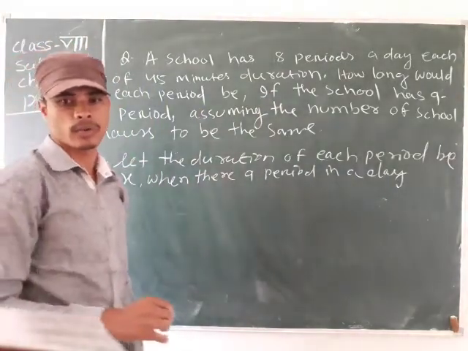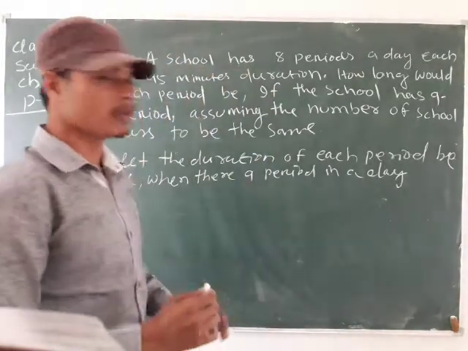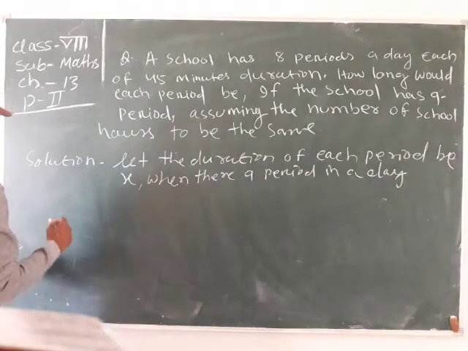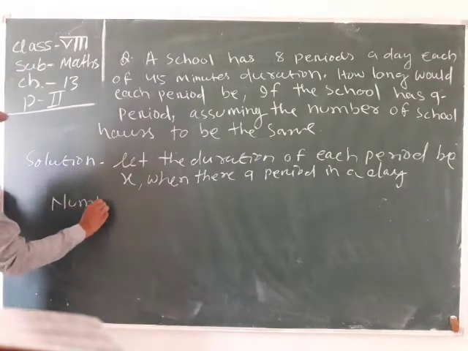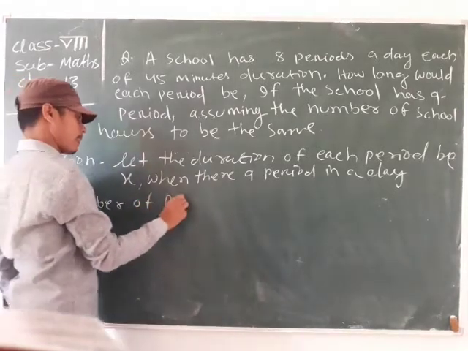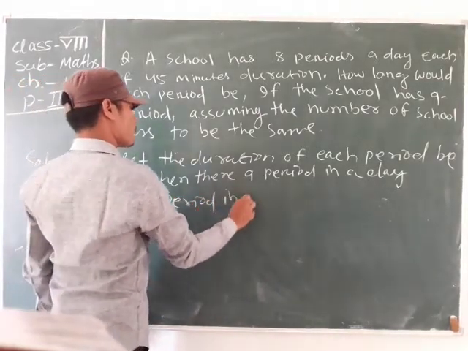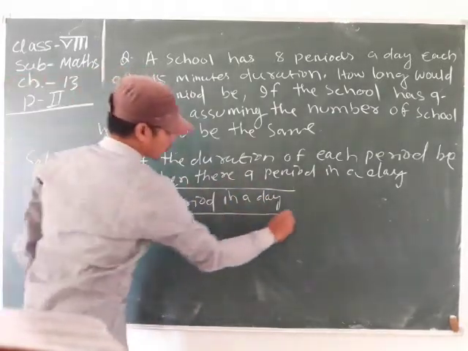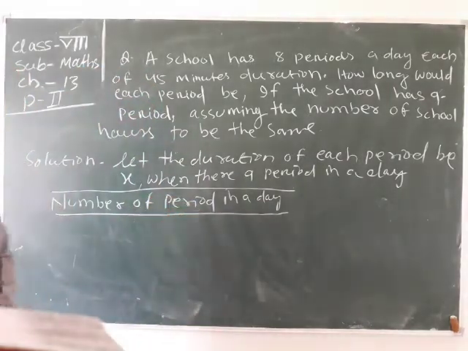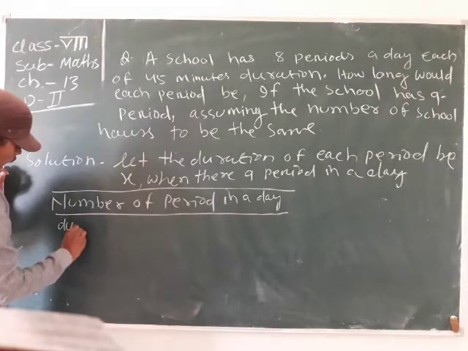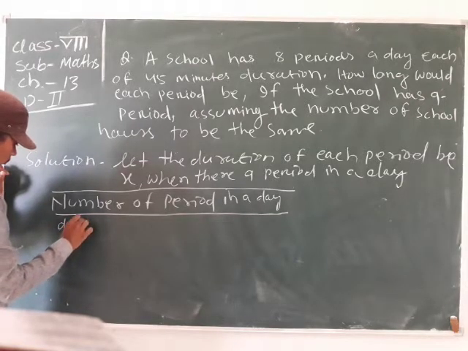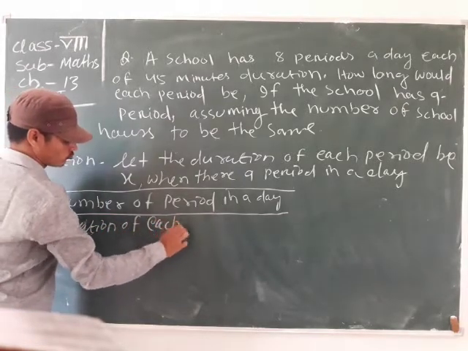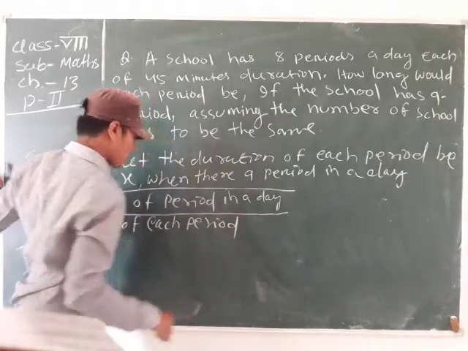So we form a table for this. We can make a table: the first column is the number of periods in a day, then the duration of each period.